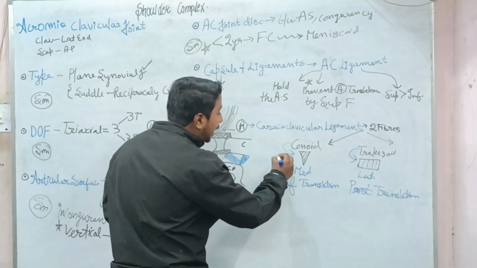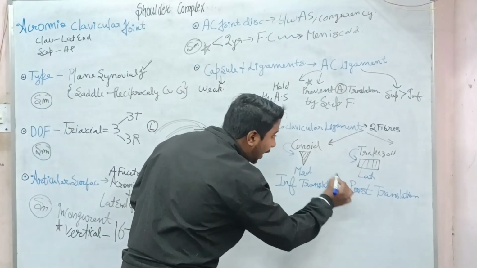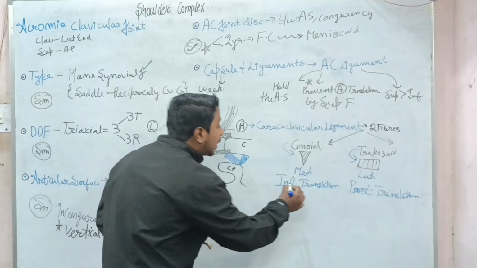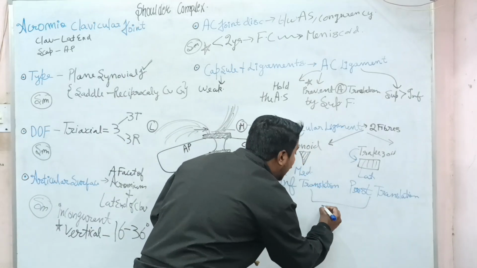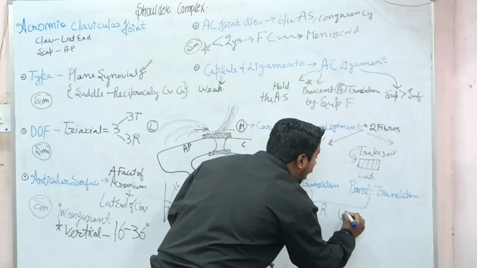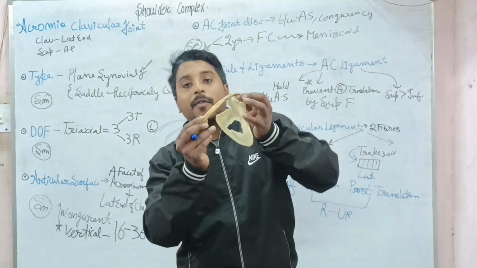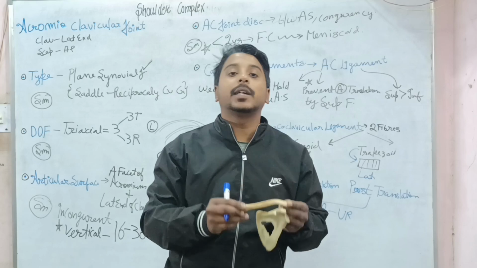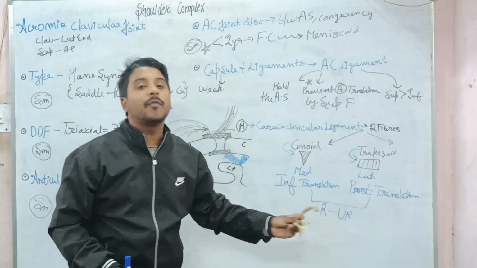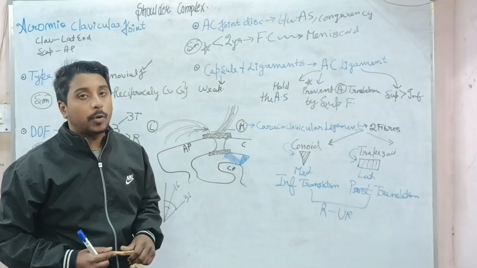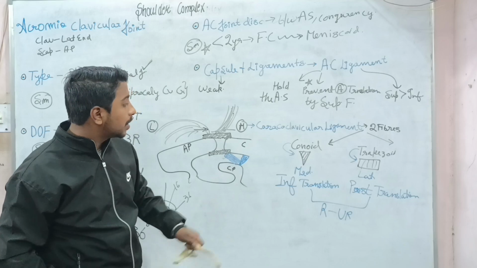These are the individual functions of the conoid part and the trapezoid part, and one combined function is that it helps to restrict the upward rotation of the scapula. So this one is the upward rotation. So what are the three functions?